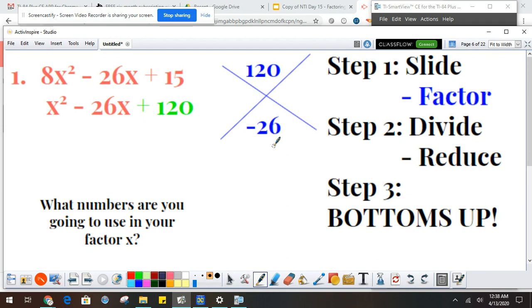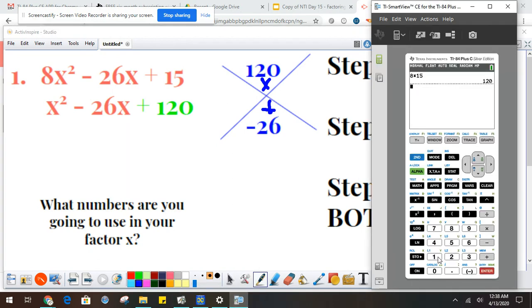You are looking for something that you can multiply to get 120, but you're going to add to get negative 26. When I see 0 on the end, I think that I can divide by 10. So I'm going to pull up this calculator again. And I'm going to do 120 divided by 10. 120 divided by 10 is 12.